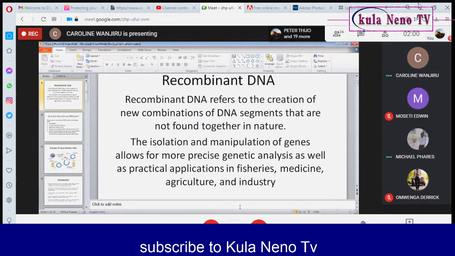Then from there, you take your plasmid plus the inserted human DNA, and you put them again in a bacterial cell now. And what you want to do is to replicate. Now you can grow these bacteria in agar.